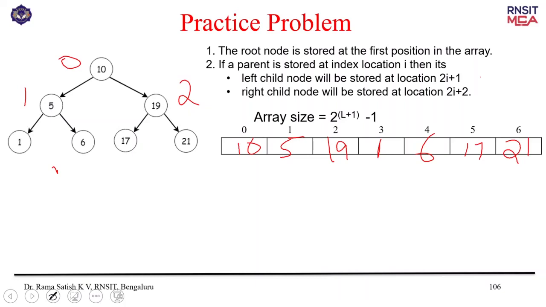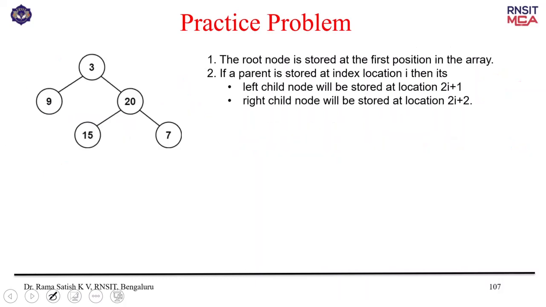Second formula, right element formula, and the last formula, finding the array size. Array size totally depends upon 2 raised to power of level plus 1, minus 1. So this is the formula to find the total array size.